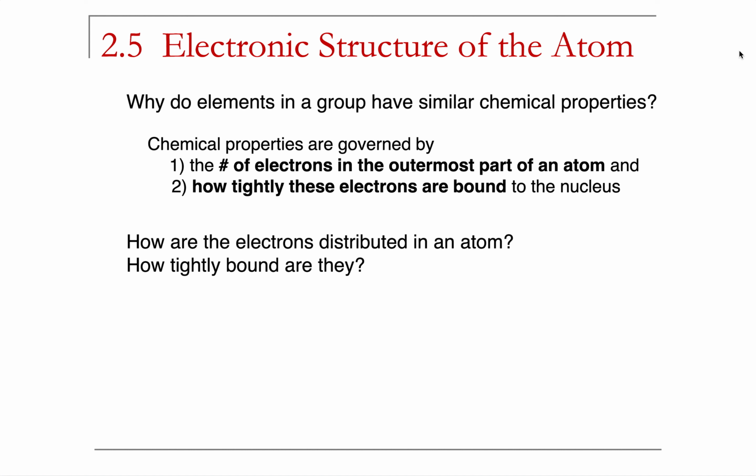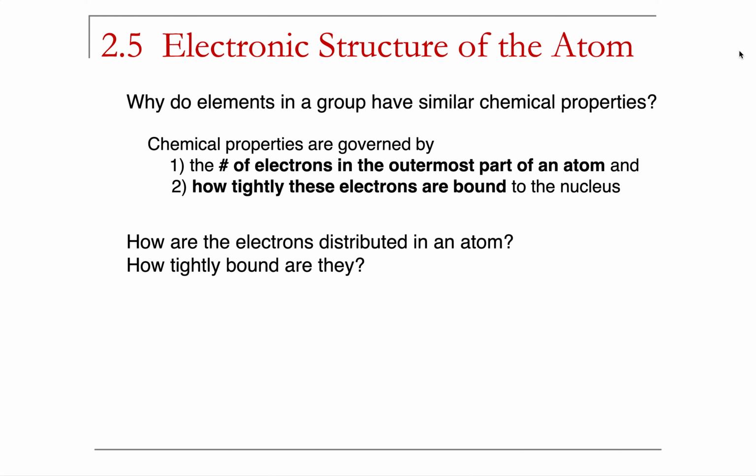The other way is that the electron clouds interpenetrate, so that electrons are actually shared between the positively charged nuclei of the two atoms. And somehow that also leads to stickiness. But either way, we need to know how many electrons are in this outside part and how tightly they are bound to each atom.